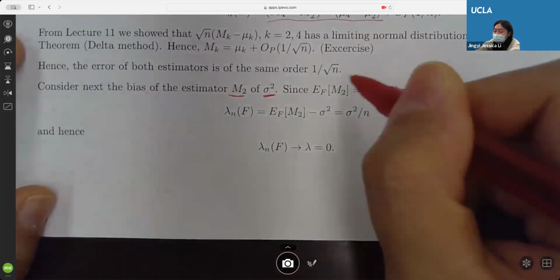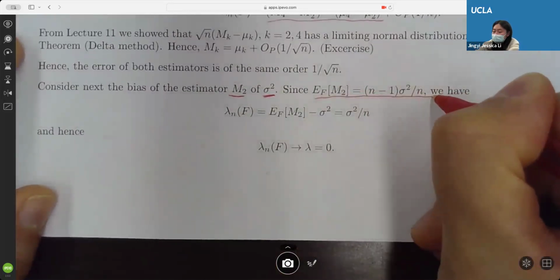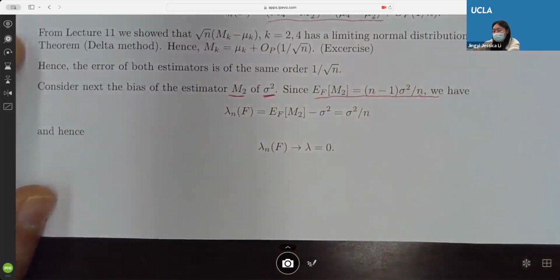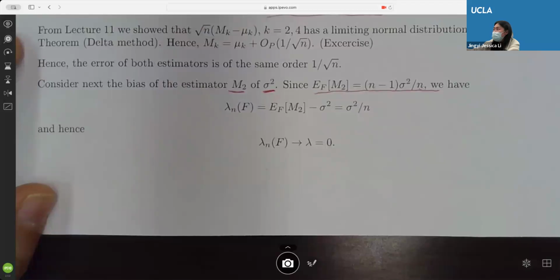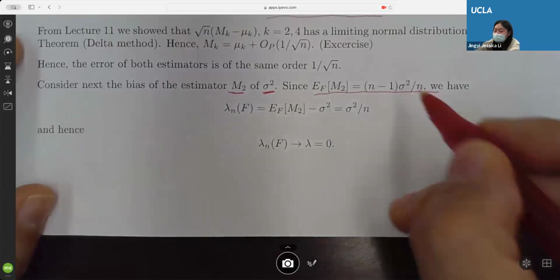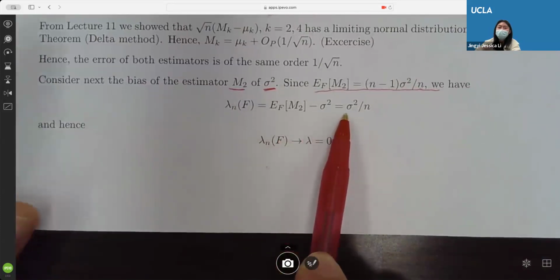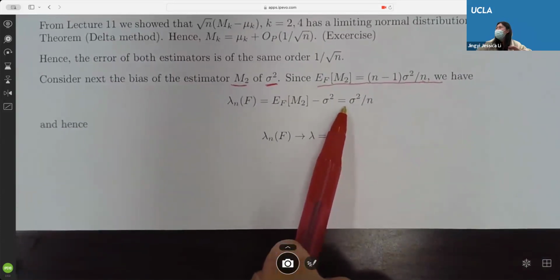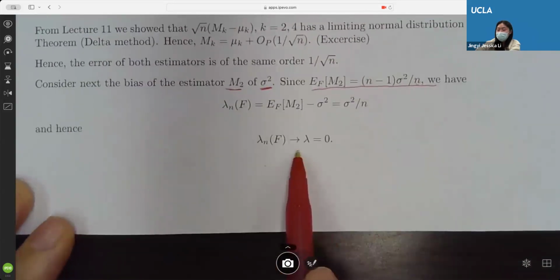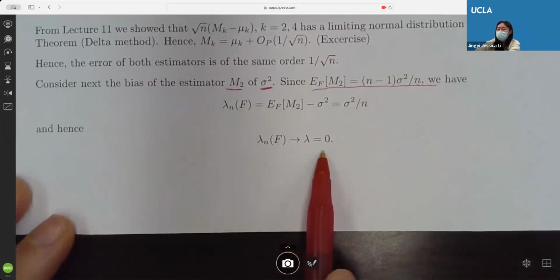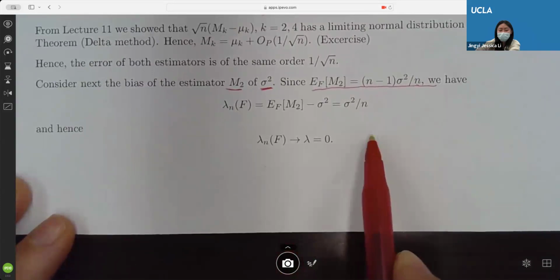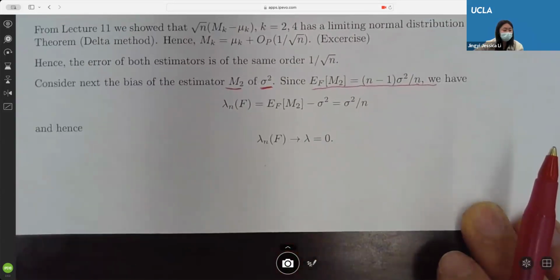The expectation of the moment is not exactly sigma squared, but sigma squared times (n minus 1) over n. So it's not 1, right? So we have this bias. Therefore, the finite sample bias is exactly sigma squared over n. And of course, we know this bias will go down to 0 as n goes to infinity, right?